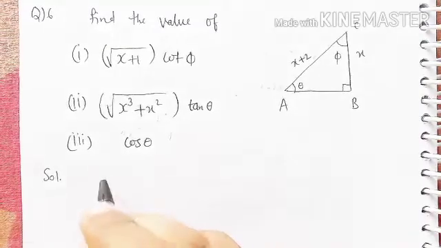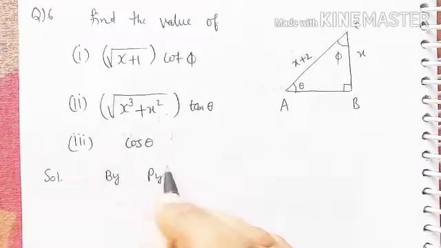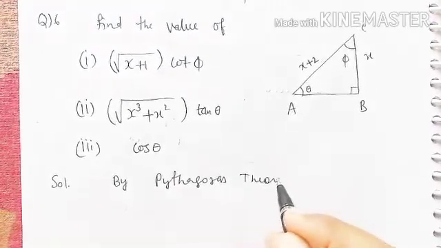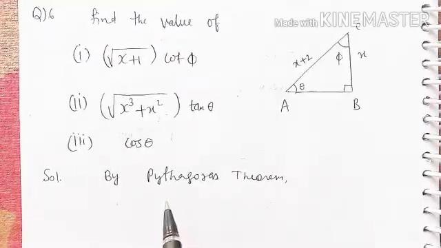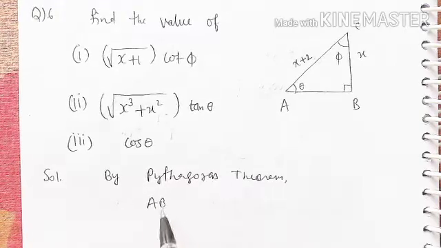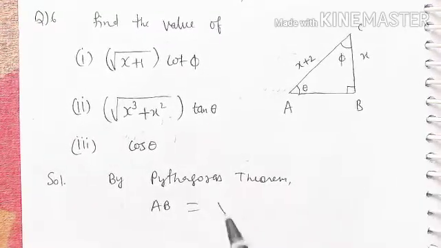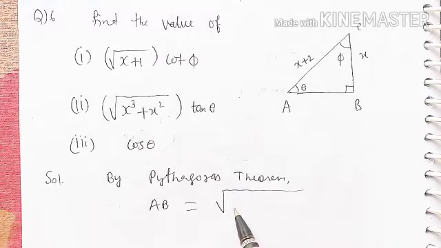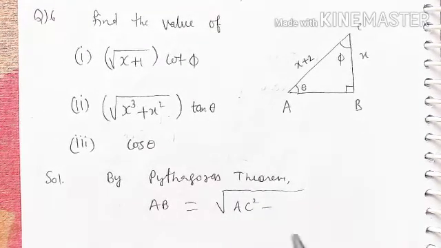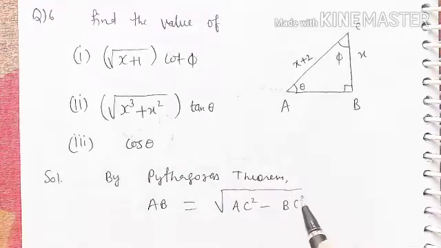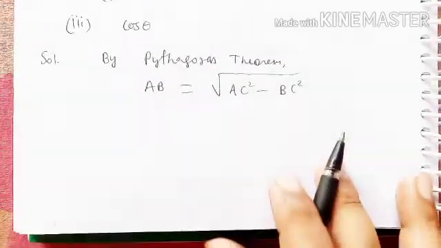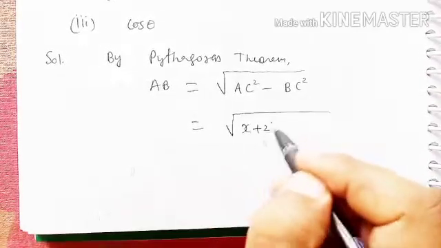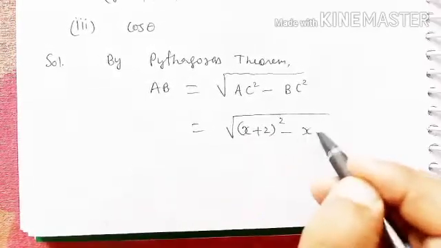So by Pythagoras theorem, we have AB is equal to square root of hypotenuse square minus square of other side. So here AC is x plus 2 and BC is x.